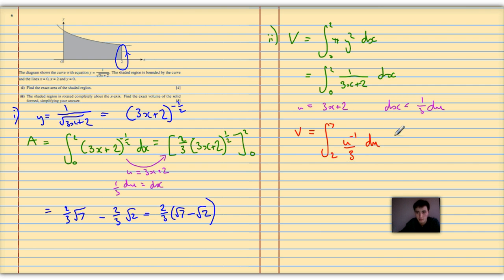Well, this constant can just come out of the integral sign, so that's a third of the integral between 7 and 2 of 1 over u du. Well, we know what the integral of 1 over u is with respect to u. That's just ln of u between 7 and 2.